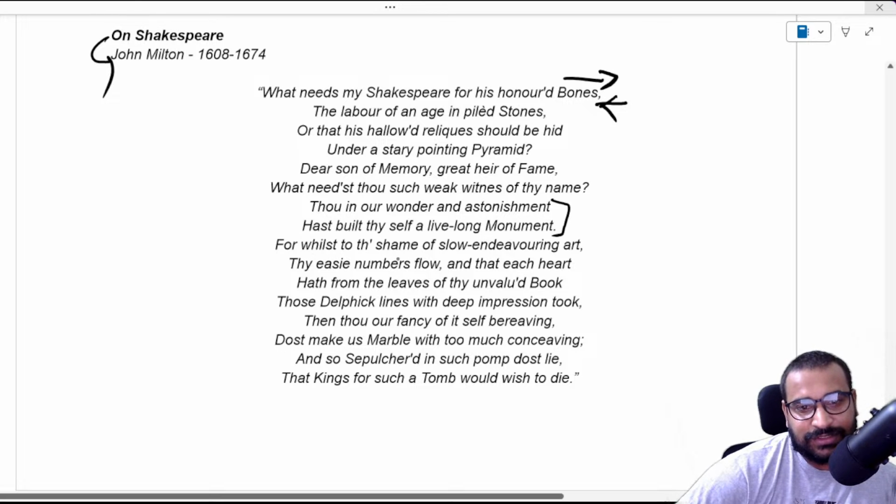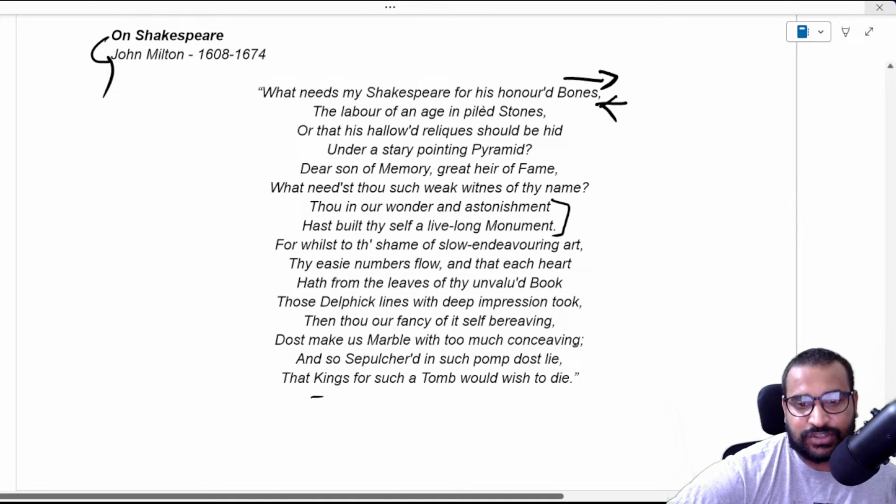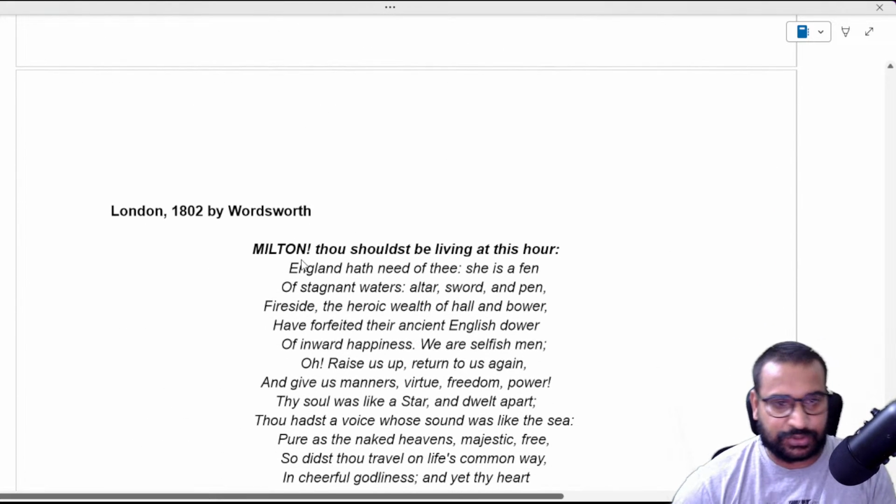For whilst to the shame of slow-endeavouring art thy easy numbers flow, and that each heart hath from the leaves of thy unvalued book those Delphic lines with deep impression took, then thou, our fancy of itself bereaving, dost make us marble with too much conceiving, and so sepulchred in such pomp dost lie that kings for such a tomb would wish to die. So the ending you should remember.